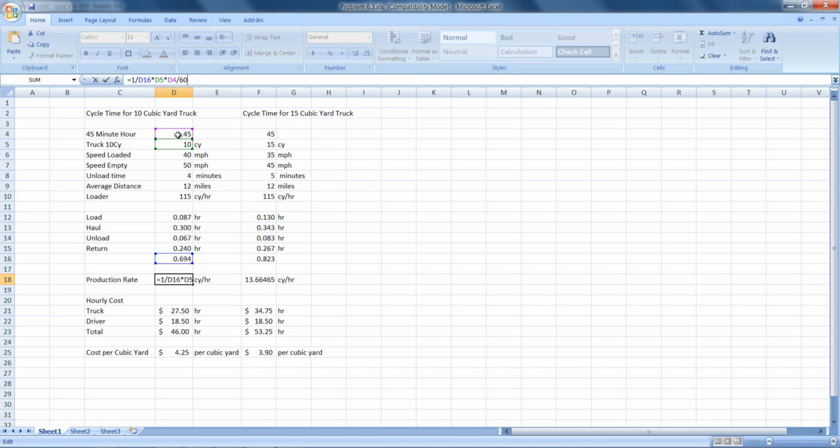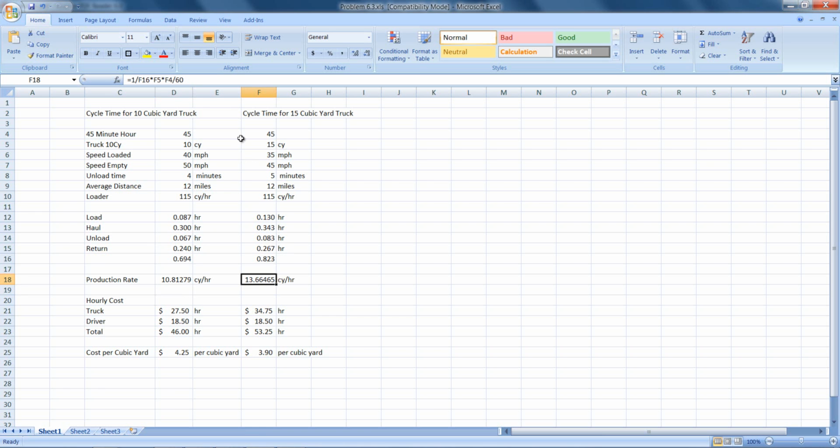I made the 45-minute hour a variable, so if we went to a 50-minute hour or 40-minute hour, then we could change it. But we're just dividing that by 60. So that's giving us a production rate of 10.8 cubic yards per hour.